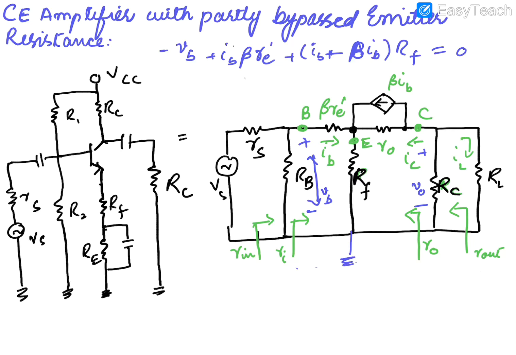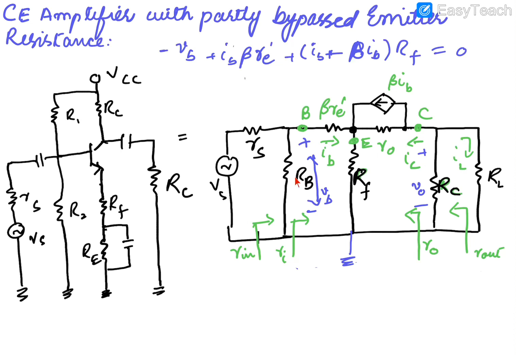So from emitter to ground is connected RF, and between emitter and collector is basically the current flowing, which is equal to IC, and its value is equal to beta times IB, and it is shown with a controlled current source. And in parallel with the controlled current source between collector and emitter is the output resistance R0. So on the input side, because VCC will be short to ground, between base and ground terminal is connected RB.